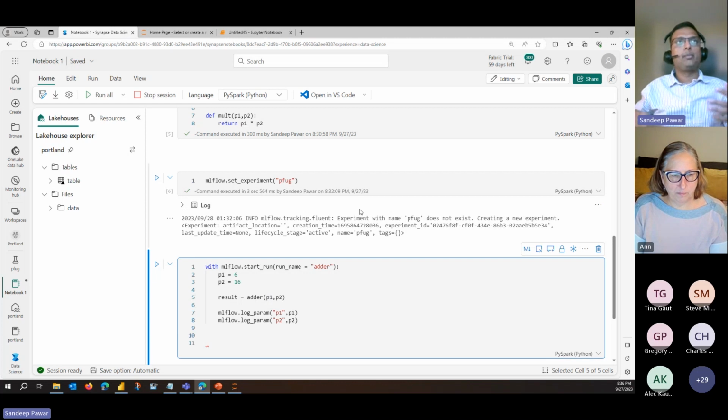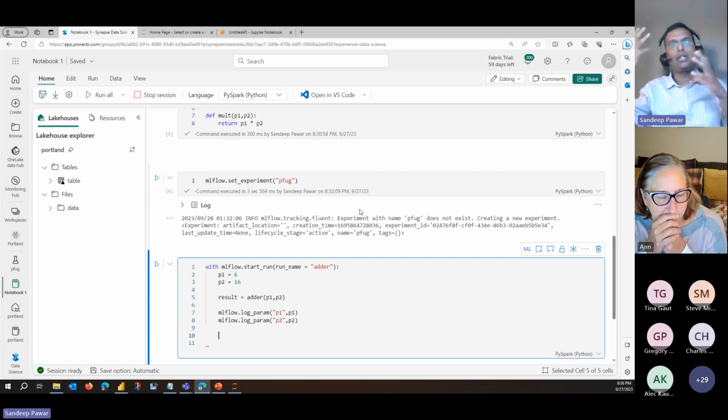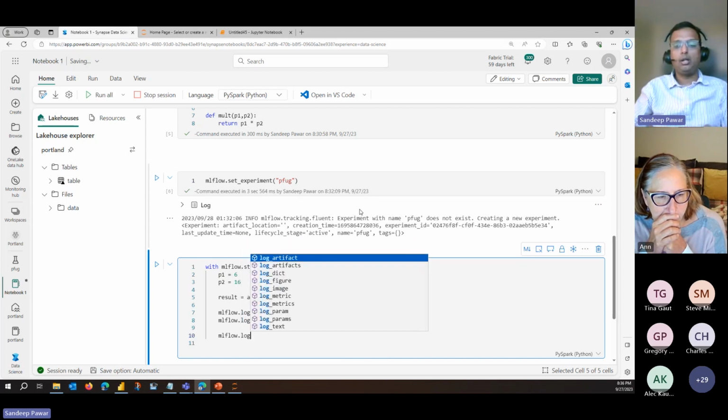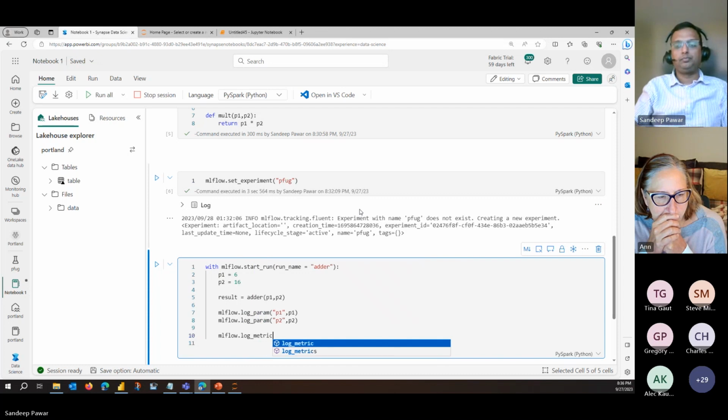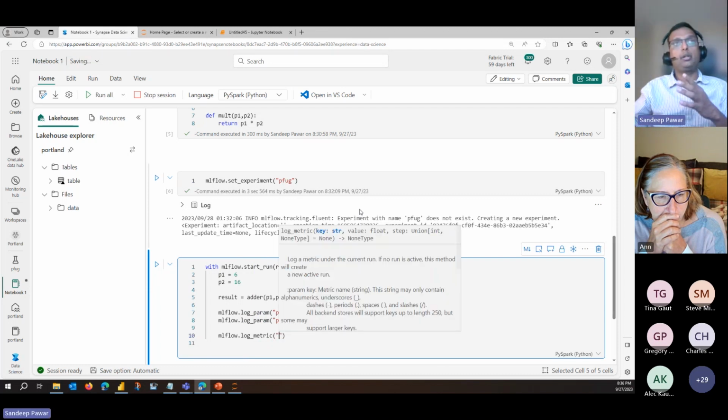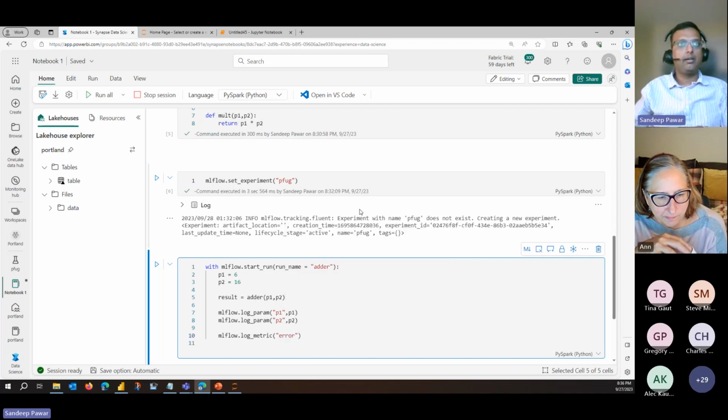And then I need some metric, meaning the error that we're talking about, to understand if we are going in the right direction. So I'll go mlflow.log_metric, that tells us our goal. My log metric here is error, which is 22 minus this result.